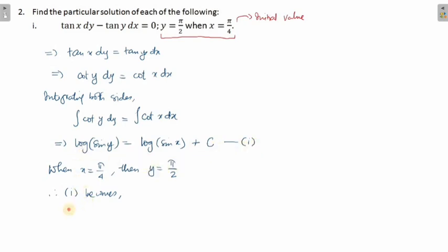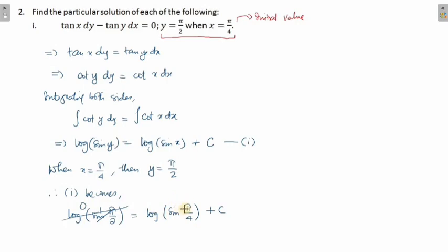We have log sin y, and in place of y we have pi by 2, equals log sin x, where x is given as pi by 4, plus c. Now all of you know sin pi by 2, that is sin 90 degrees, is 1, and log 1 is 0. So this entire thing is 0.